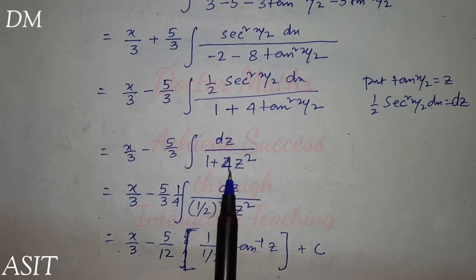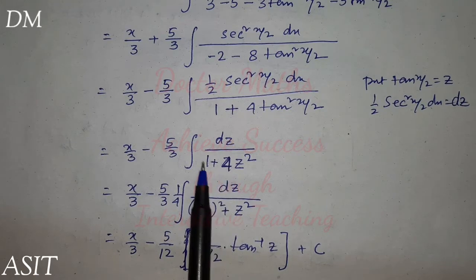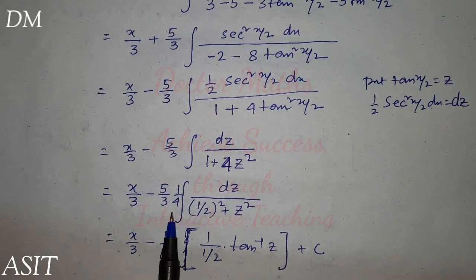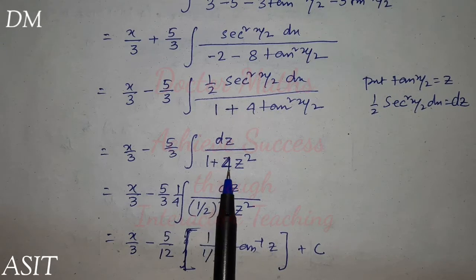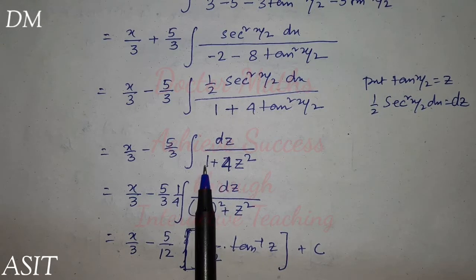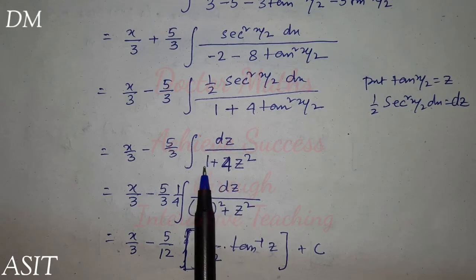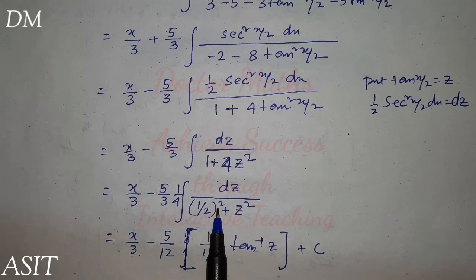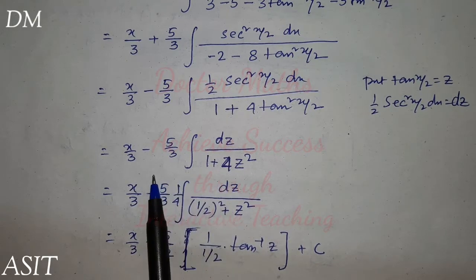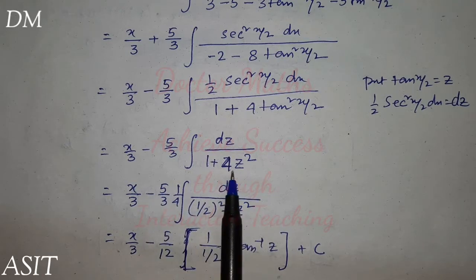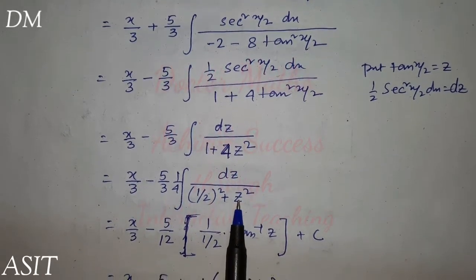If I take common 4 from these two terms, this term will become 1/4, which can be written as (1/2) whole square, and 4 is taken common, so this is z square.